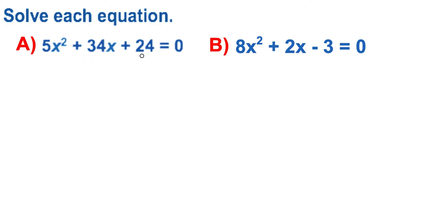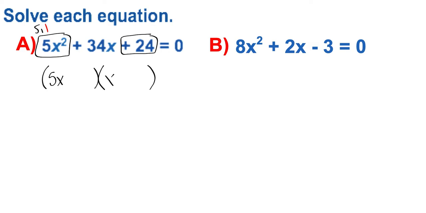Okay? So we're going to try to factor this one here. We'll see if it factors. So you have a 5x squared in the front and a 24 in the back. So you have to list your factors, possibilities that you could list for the numbers that would go in the front of the parentheses and the numbers that go in the back of the parentheses. In the front, you only have one option, 5 and 1, so 5x and x.